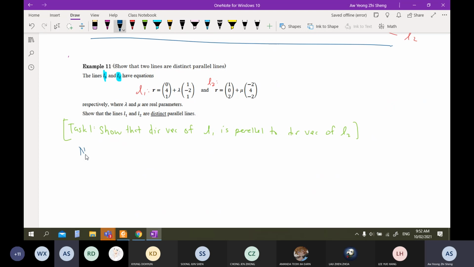Now, in our working, we can say, note that I'm going to compare these two direction vectors. But it's easier to factor out a -2 from the second one. 1, minus 2, 1.